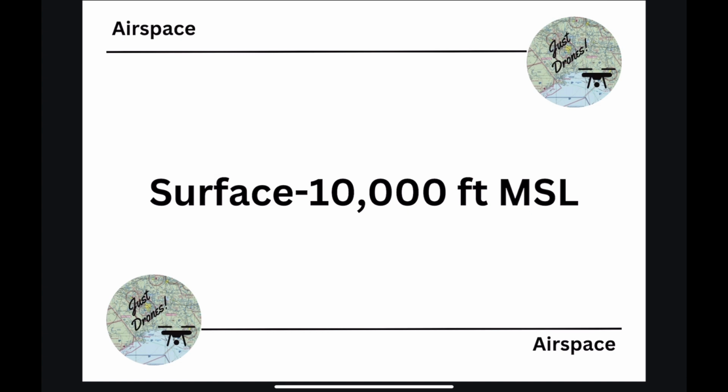But typically it starts at the surface and goes up to 10,000 feet. And remember, Class B is busy. That's what B stands for. B is for busy. So these are the busiest airports that you're going to see within the United States. A really good example of that is Atlanta International.